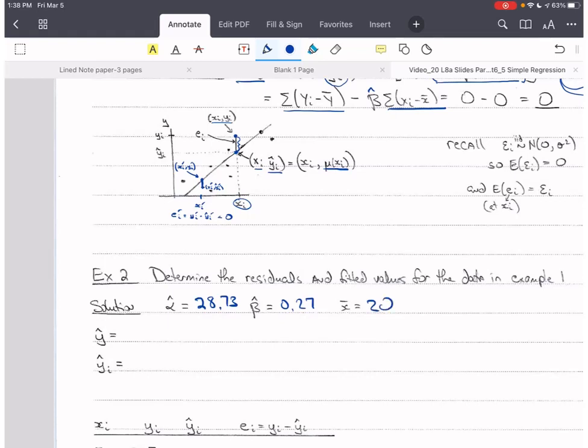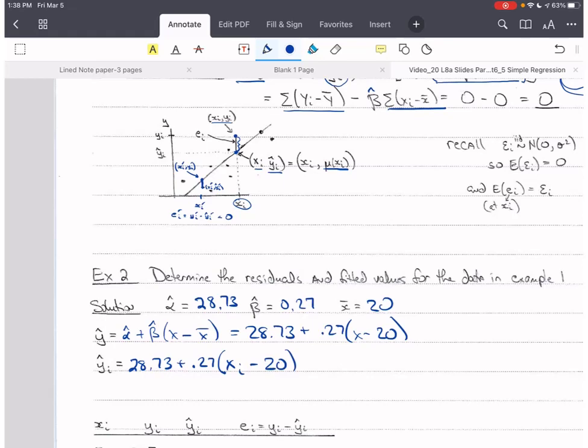And we have y hat is equal to alpha hat plus beta hat times x minus x bar, equals 28.73 plus 0.27 times x minus 20. Okay? And yi hat is going to be 28.73 plus 0.27 times xi minus 20. So we're just putting the i in there.